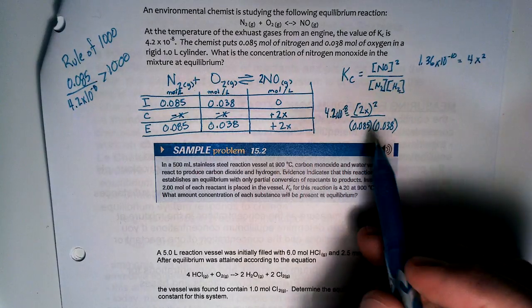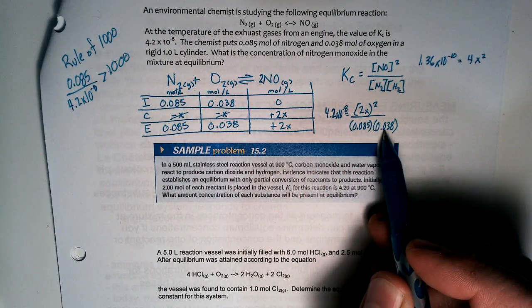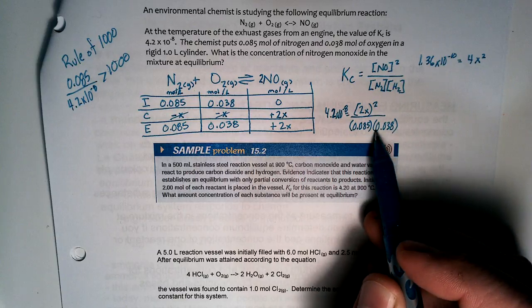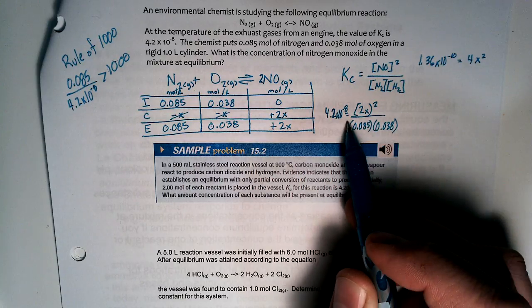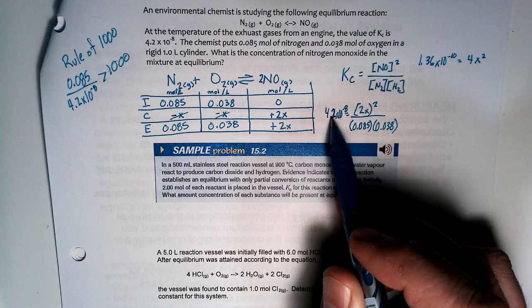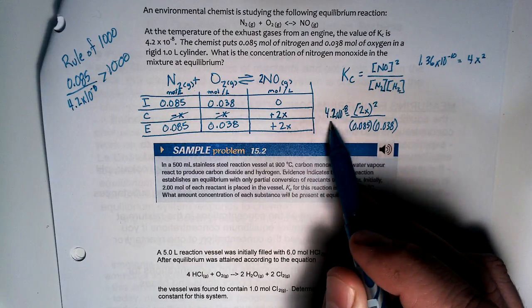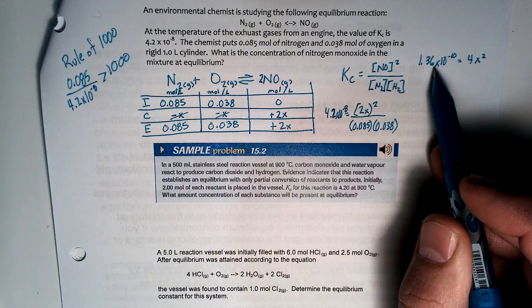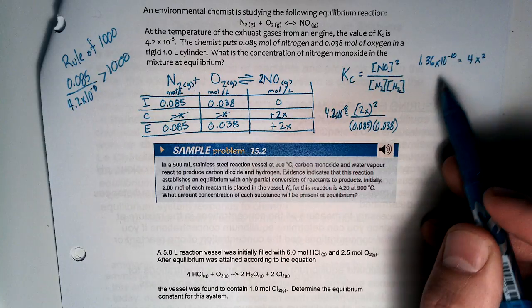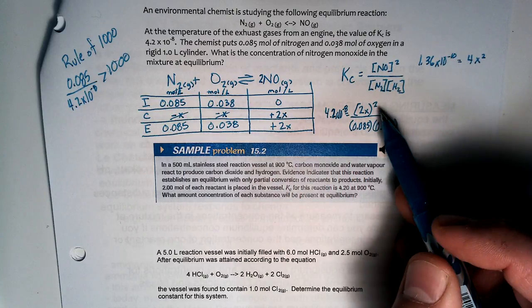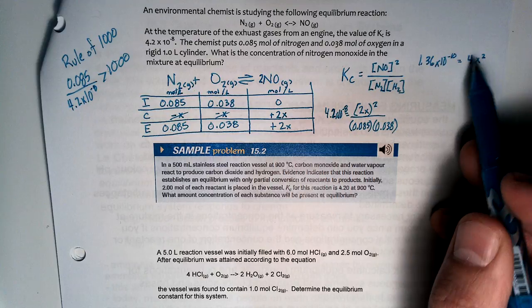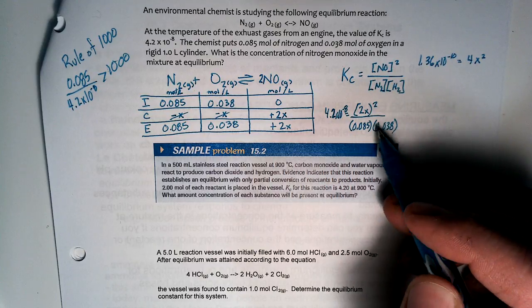So this next step, I just did 0.085 times 0.038. And since we're dividing by them, we have to multiply both sides by them. So I'm going to multiply these two numbers by this number. I get 1.36 times 10 to the minus 10. That's going to equal 4x squared once I bring the square into both these numbers.